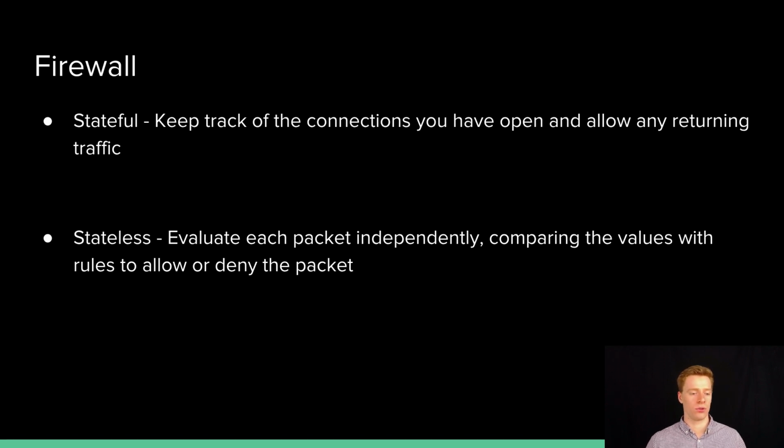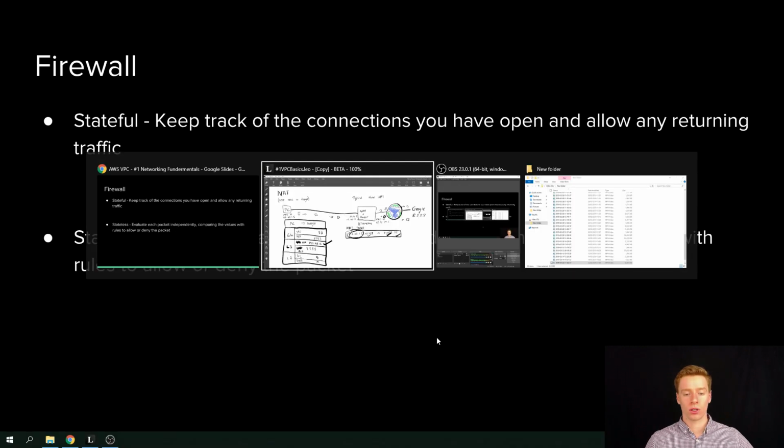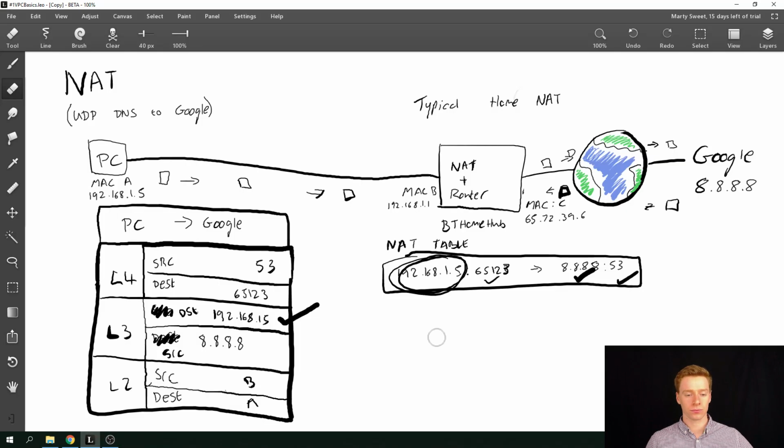For example, if you have an access control list that doesn't allow ephemeral ports, like we've just seen in our NAT example, if we had an access control list, say, sitting here, and we were to block all our ephemeral ports, then it's basically just going to drop the packet and the connection will never be established. So there's those things to kind of keep in mind. We're going to go into detail about that in a later video.